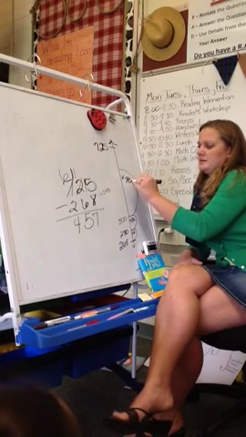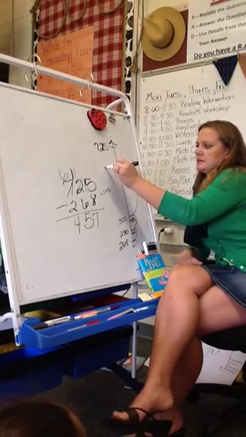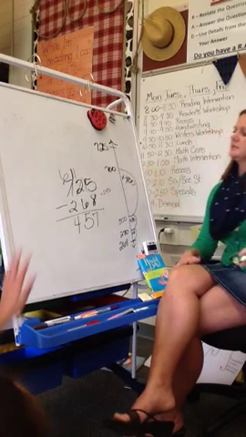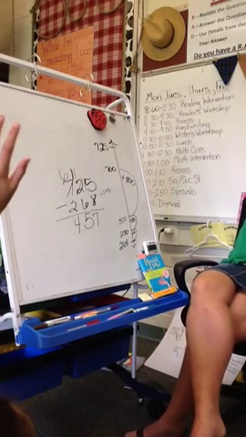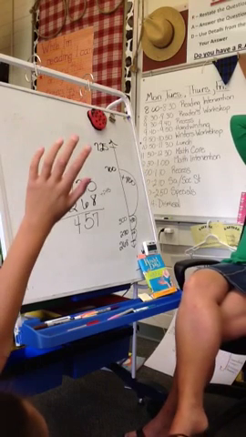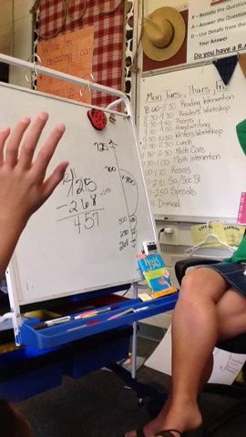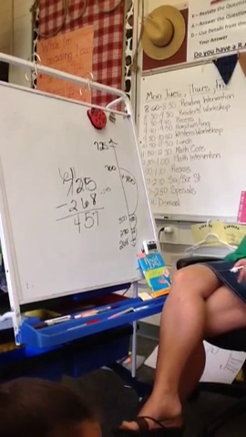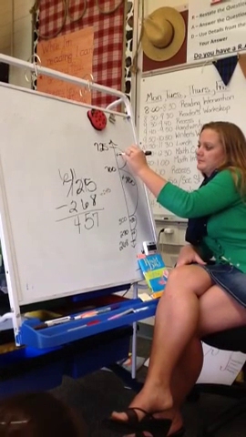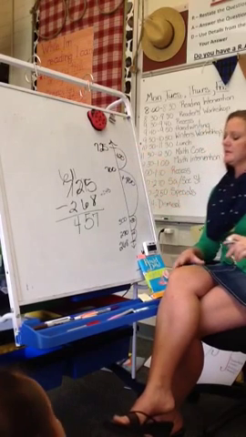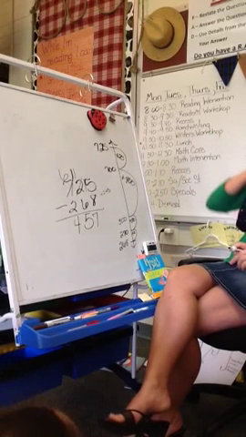So now I'm at 700, and what could I add to get from 700 to 725? I could add 25 on. I'm there, right? Now I have to add these together. Let's see.